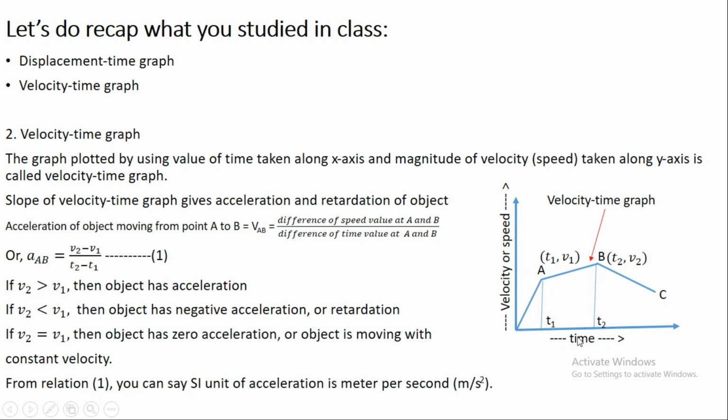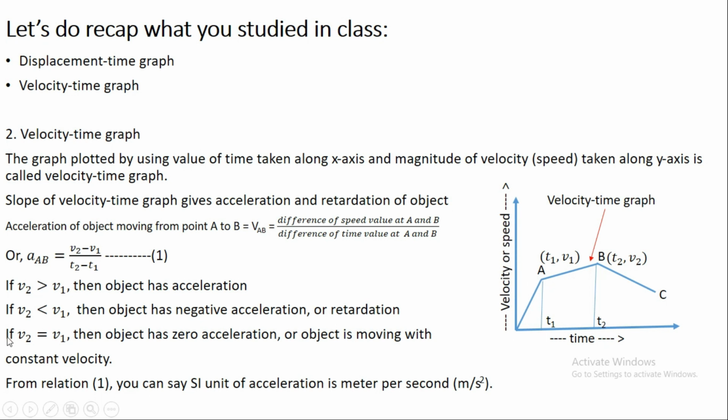In that case v1 is equal to v2, then the object has zero acceleration, or the object is moving with uniform velocity or constant velocity. You can say constant velocity, because if the graph is parallel to the time axis, then it looks like this, and at this point and this point, both values of velocity are the same.